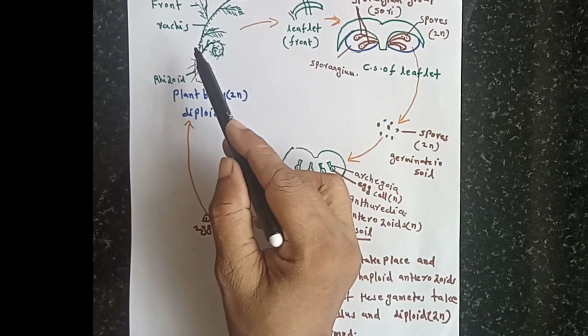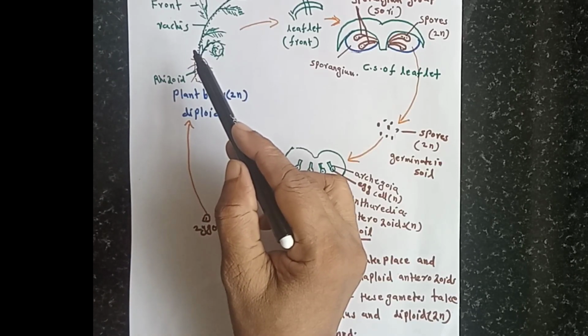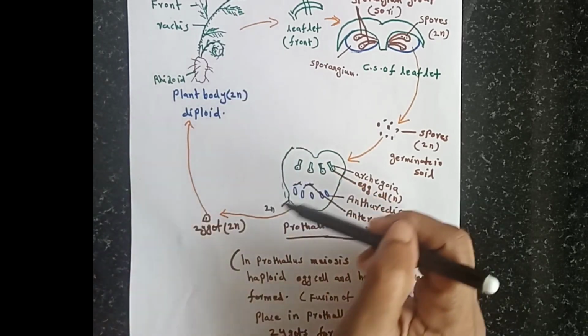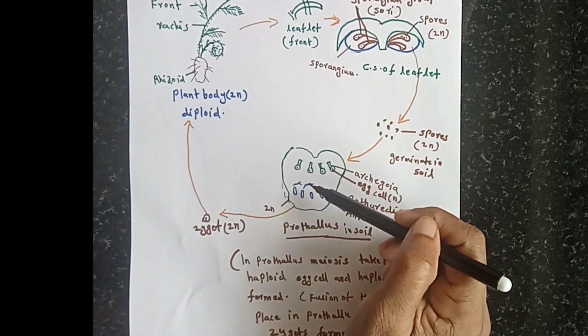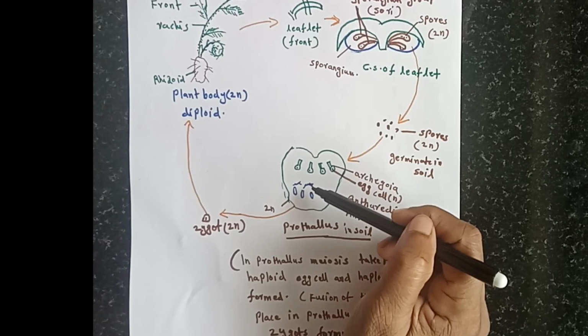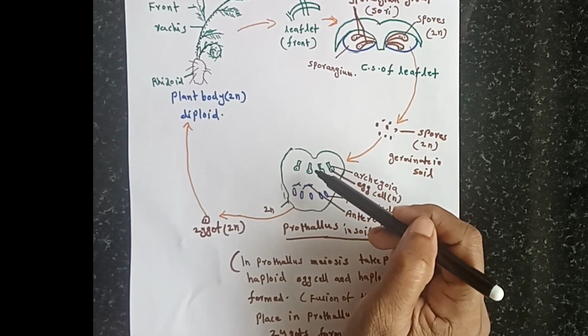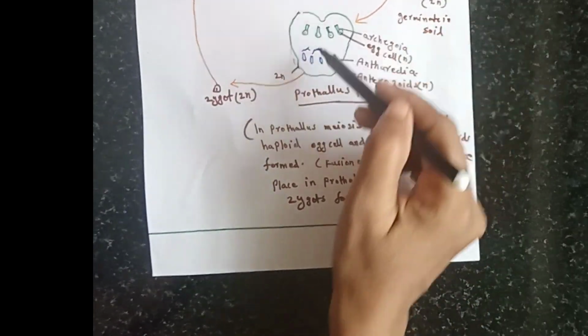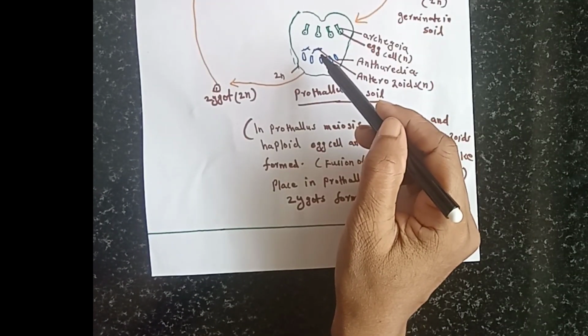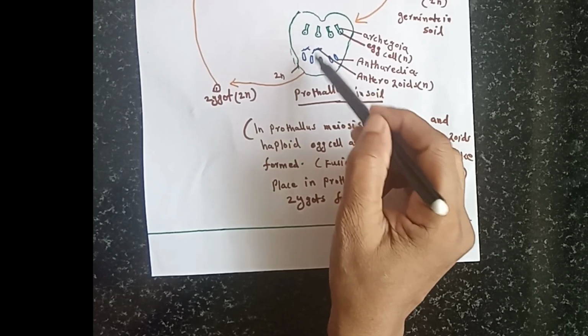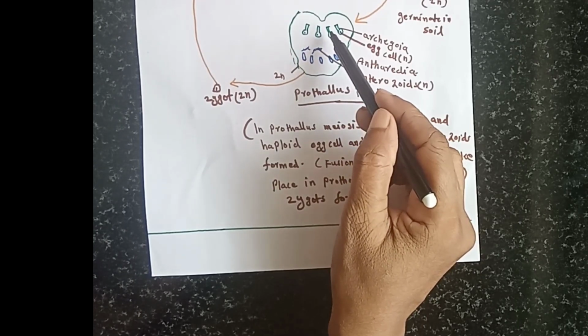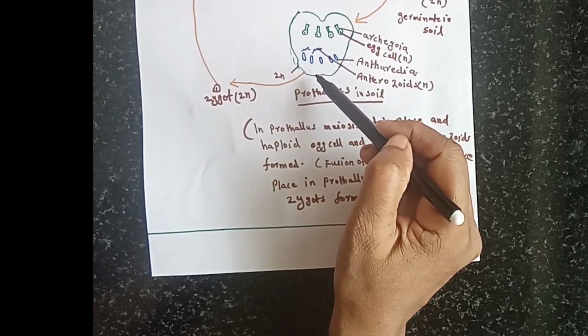The spores germinate in soil and produce a heart-shaped prothallus. It is independently living in soil. The prothallus bears male and female reproductive organs, that is archegonia and antheridia.